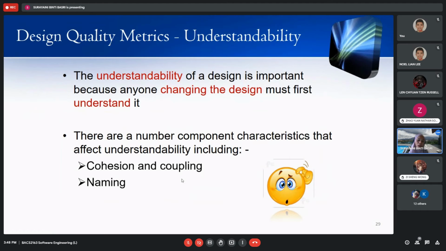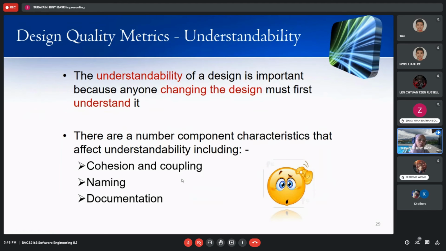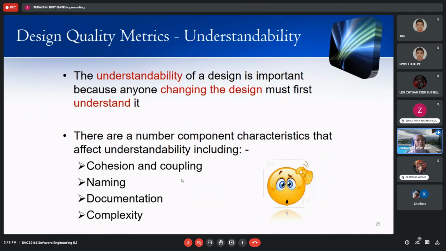After that, the documentation. Your documentation should be consistent. For example, if you used the same term in your SRS and in the SDD, meaning they refer to the same thing, people will understand it easily.